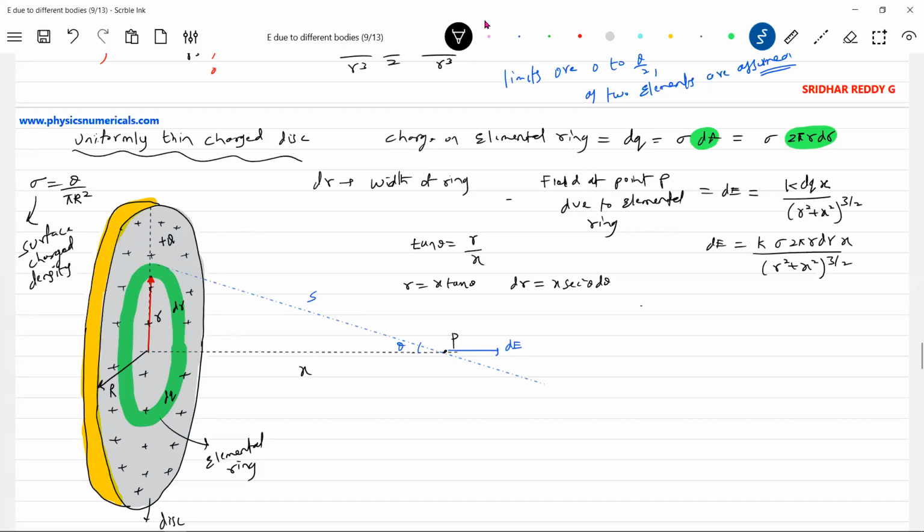Let me substitute all the quantities. dE equals 2 pi sigma K, let it be outside. R is x tan theta, dr is x secant square theta d theta, x as it is, all divided by R, which is x tan theta whole square, to the power of 3 by 2.